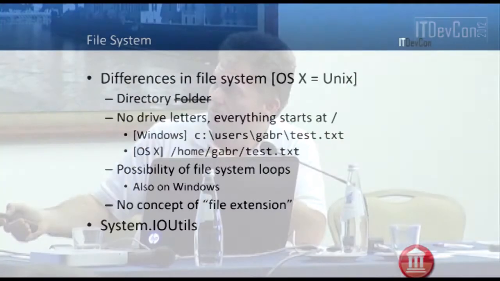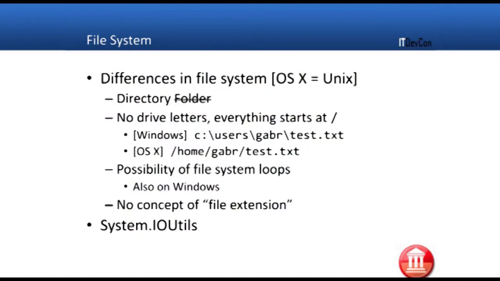And Unix file systems, well, besides calling everything a directory and not a folder, but it's still the same stuff, they have no concept of a drive letter. On Unix, everything starts with a slash, and it's a forward slash, not a backward slash.